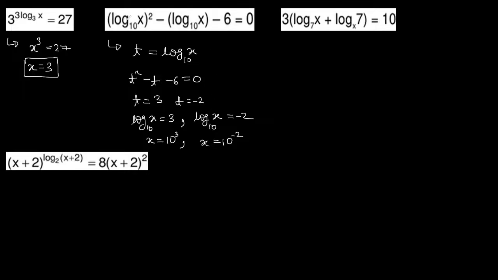So if you look at the first case, the base is always bigger than 0 and not equal to 1. So base checking is done. Second, we are checking the argument. So x is the argument, so x should be bigger than 0. These both values are bigger than 0. Hence both are the solution.